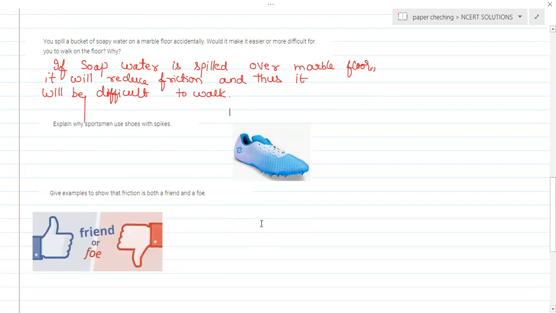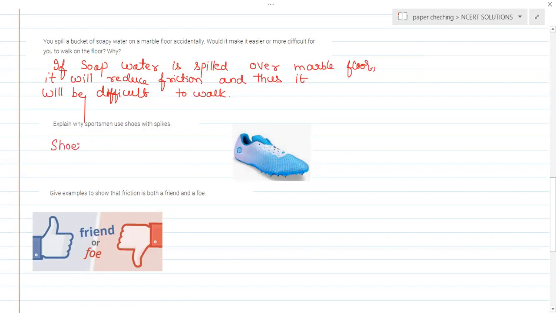Explain why sportsmen use shoes with spike. All of you must be wanting one of these kind of shoes for many sports. Different sports have different requirements, but if you're a footballer or an athlete, the sports shoes that you require is always a requirement and a dream come true. So, why do sportsmen use shoes with spikes? Because it increases friction.